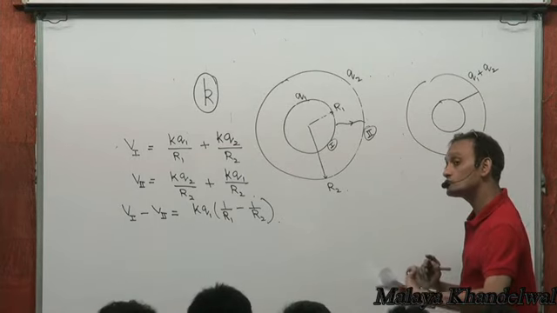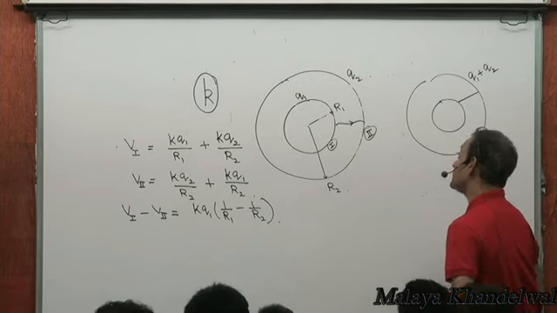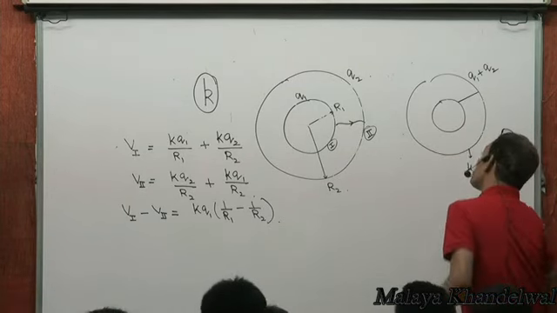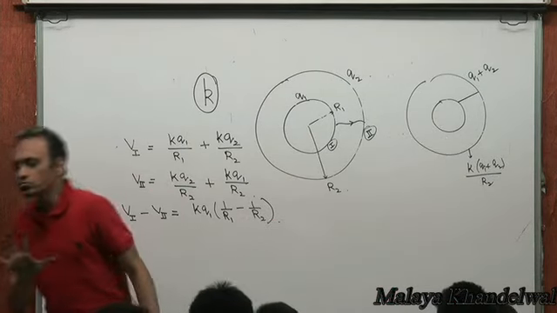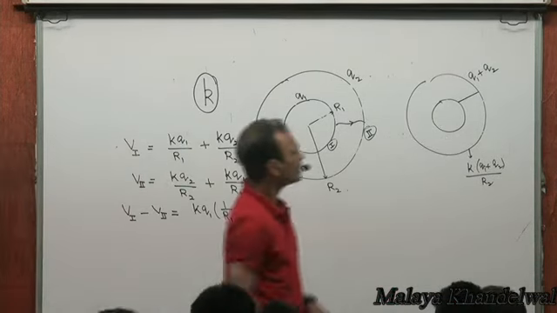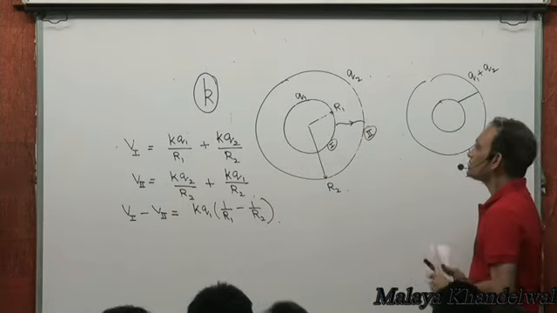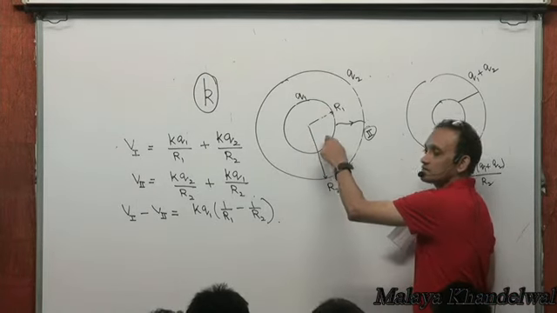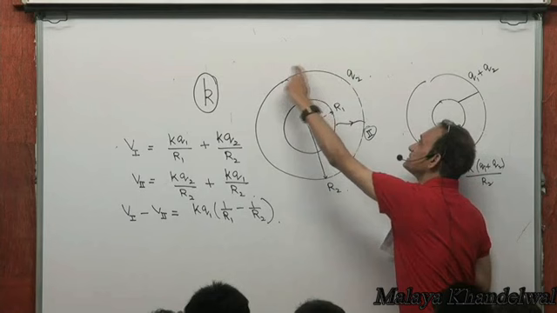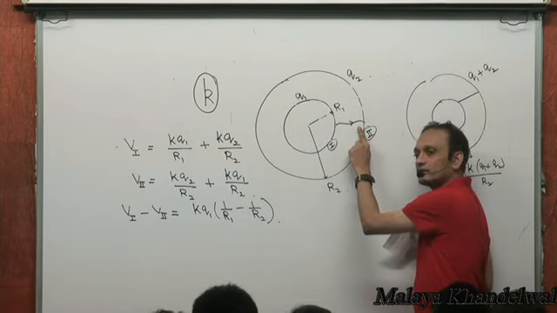Now, these calculations are not required to understand that the charge q1 flows to the outer surface. The simple reason is, see, this a conductor, this a conductor, this a conducting wire, right?